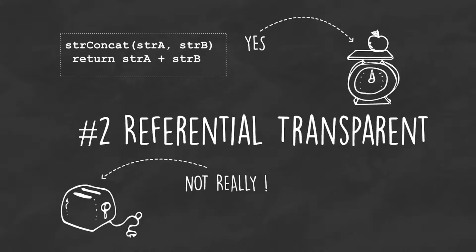The function over there, if you pass in hello and world as the 2 parameters, string A and string B, will return the strings concatenated together. If for those 2 inputs we replace the body of the function with just the constant hello world, the behavior of the program is not affected at all. And that's the definition of referentially transparent. If you can replace the body of the function with a constant for the same inputs, the behavior of the program is not modified at all.